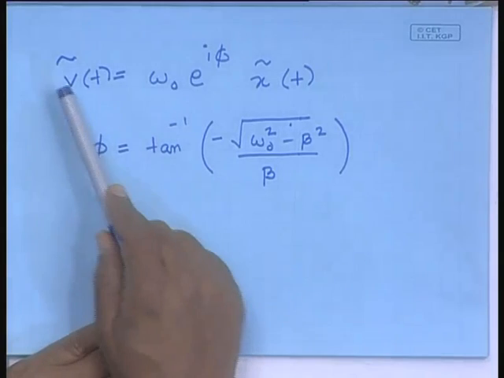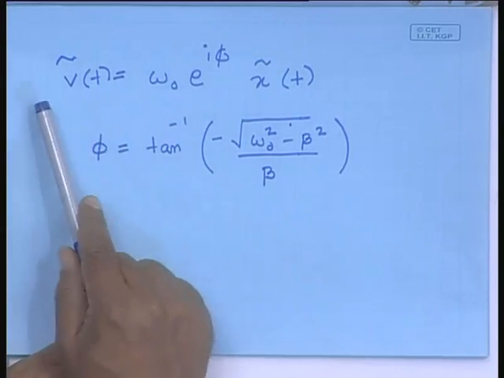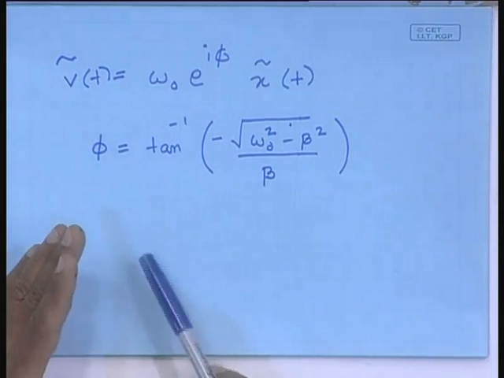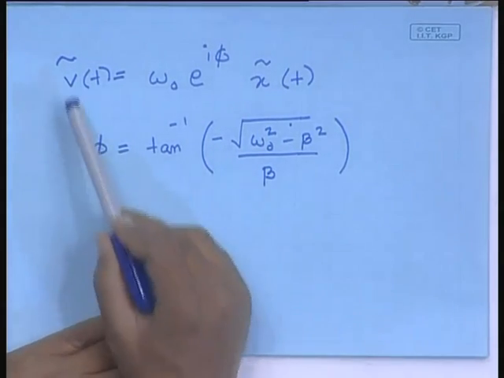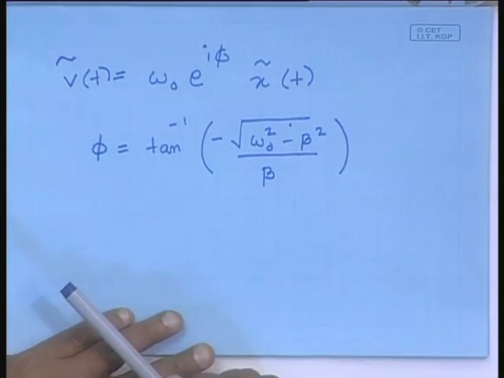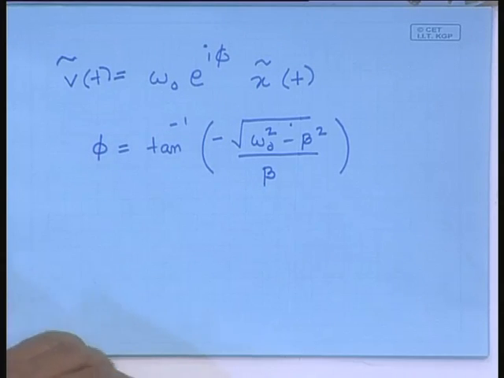So, the phase difference between the velocity and the position tends to 0. So, the velocity and the position variable tend to oscillate with the same phase. The phase difference becomes smaller and smaller as you increase the damping. So, this you see is a very interesting feature which occurs when you introduce damping into an oscillator.